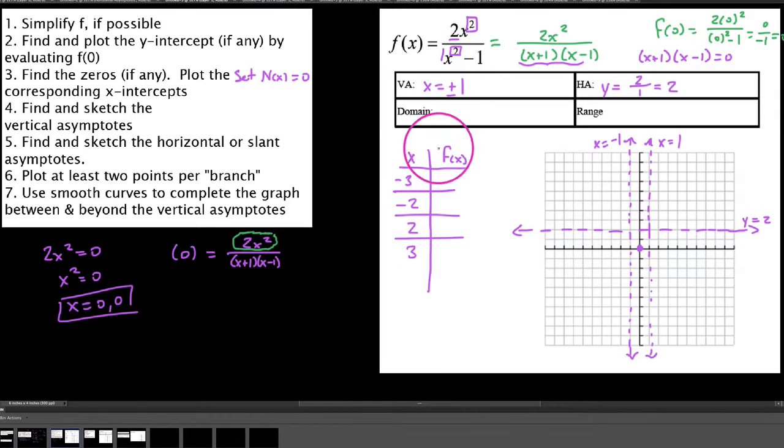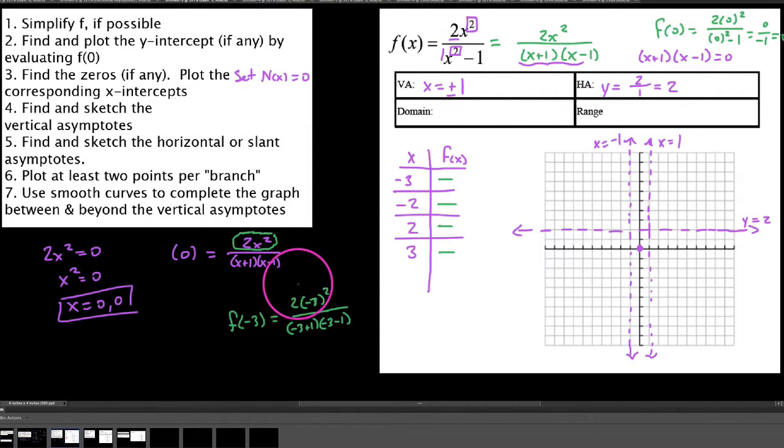I just want to indicate that when you do this, you're always going to end up with a ratio of values, because this is a rational function. So let's say, for instance, we plug in f of negative 3. I would get 2 times negative 3 squared, all over negative 3 plus 1, negative 3 minus 1. You'll notice that I plugged it into the factored expression.